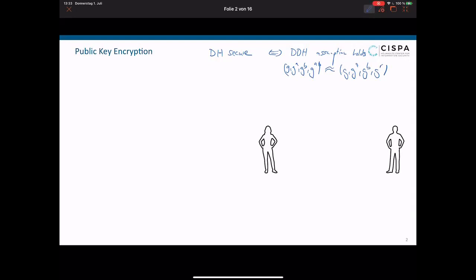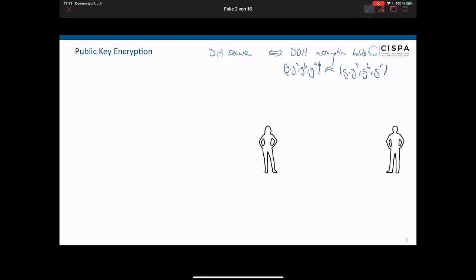So you try to build algorithms which can tell these two ensembles apart. But so far, after more than 40 years of cryptanalysis, the best known algorithm that we have to do this is to compute discrete logarithms, right?